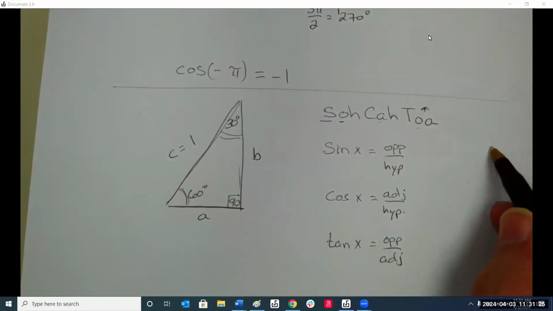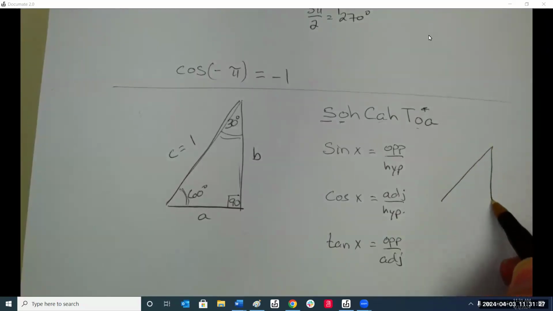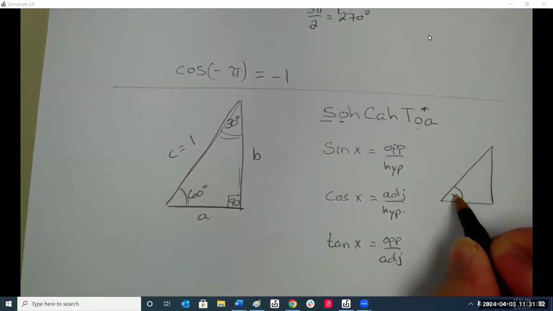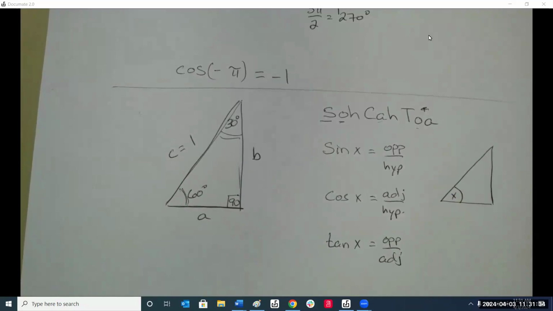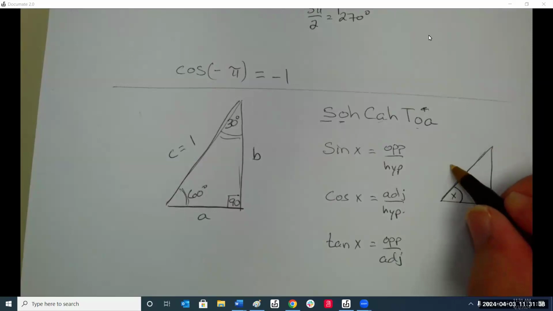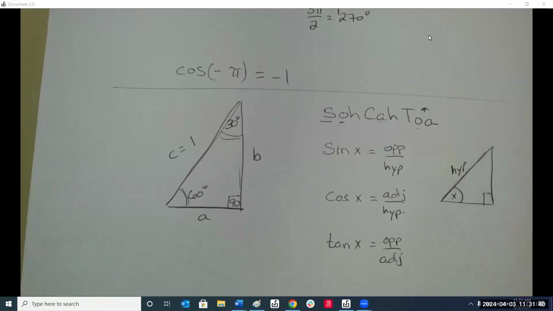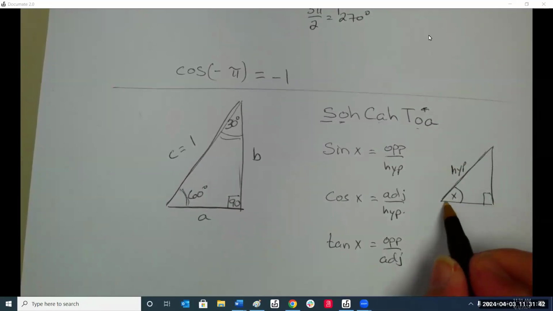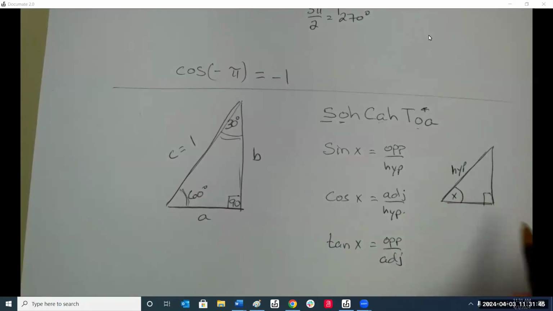Now, what this refers to, whatever angle we have, this part, the opposite of the 90 degrees, that's always the hypotenuse. The side touching that angle is the adjacent.